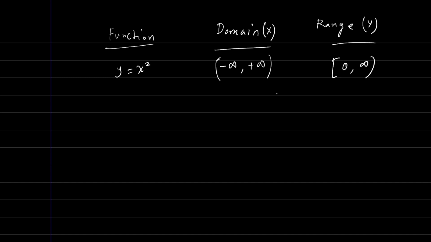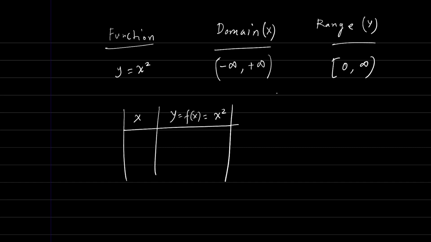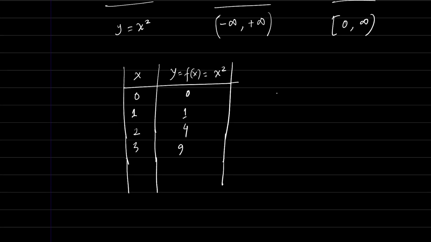How can this be seen? Let's make a table: x, and y is equal to f of x is equal to x square. If x is 0, then y is 0 square, which is 0. If x is 1, then y is 1. If x is 2, then y is 4. Similarly 3 gives 9. What about negative numbers?